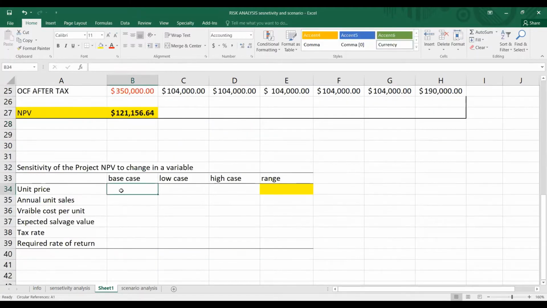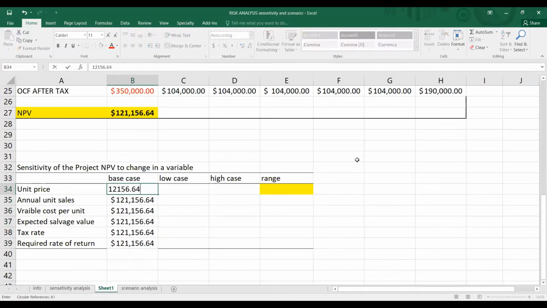For the base case, it will be the same, it will be fixed. It is fixed for all years.